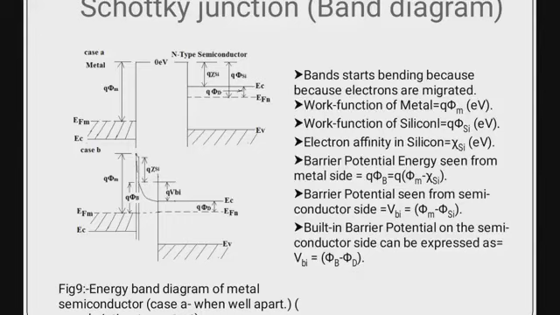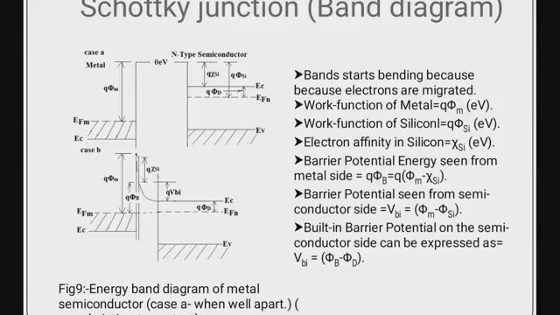For example, phi of m is called the work function of the metal, in electron volts. Similarly, for the semiconductor, it is phi of Si, which is called the work function of silicon.